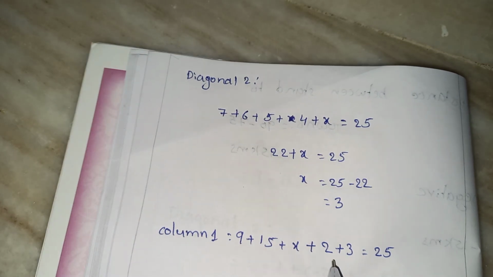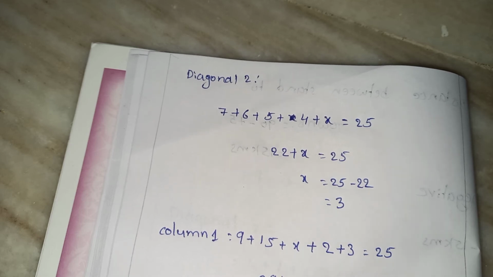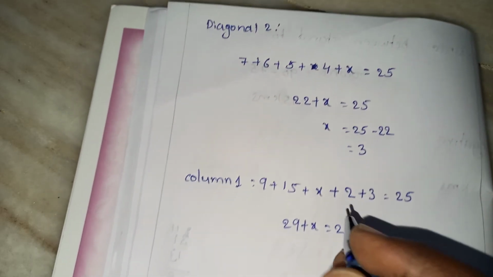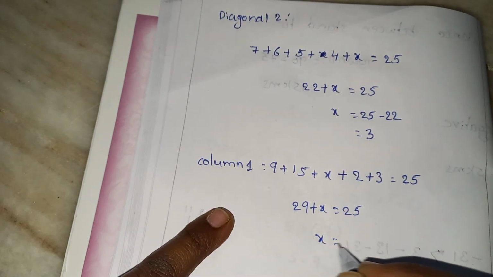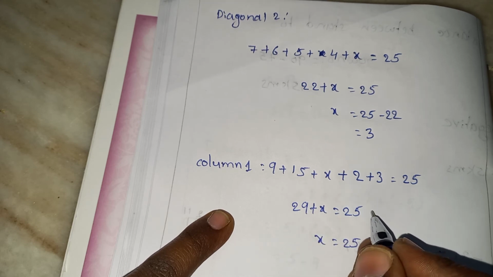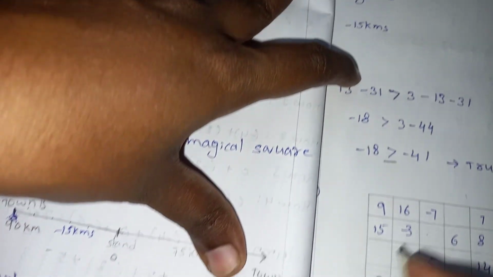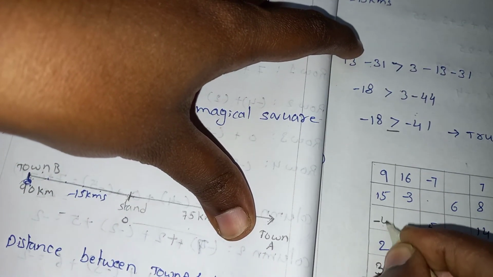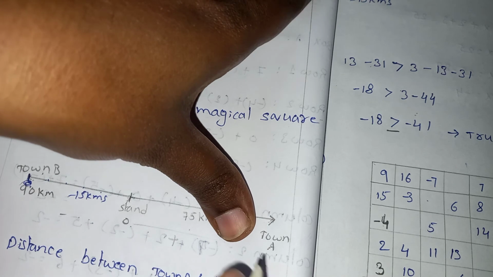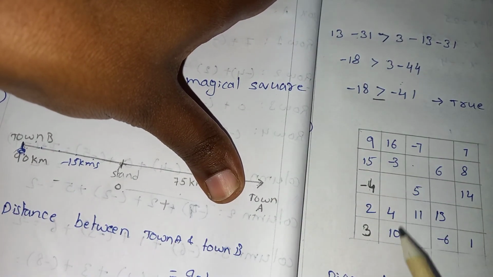Now what is this sum? 29. 29 plus x is equal to 25. x is equal to 25 minus 29. x is equal to minus 4. So the number here is minus 4.